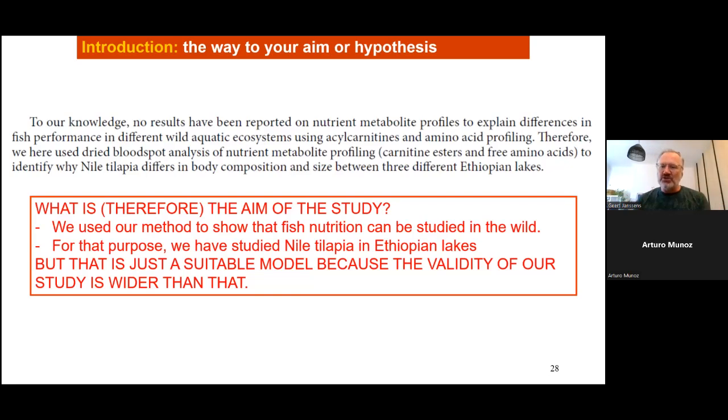You send it to an international journal, and the typical reply will be, this is not for our readership because this is a very local thing. It's not adding to general insights in science. So always think, how does our study bring addition to science in general? Not just for that particular species in that particular location, but broader insights, mechanisms, insights that you have in nutrition, physiology, biology that you can mention.